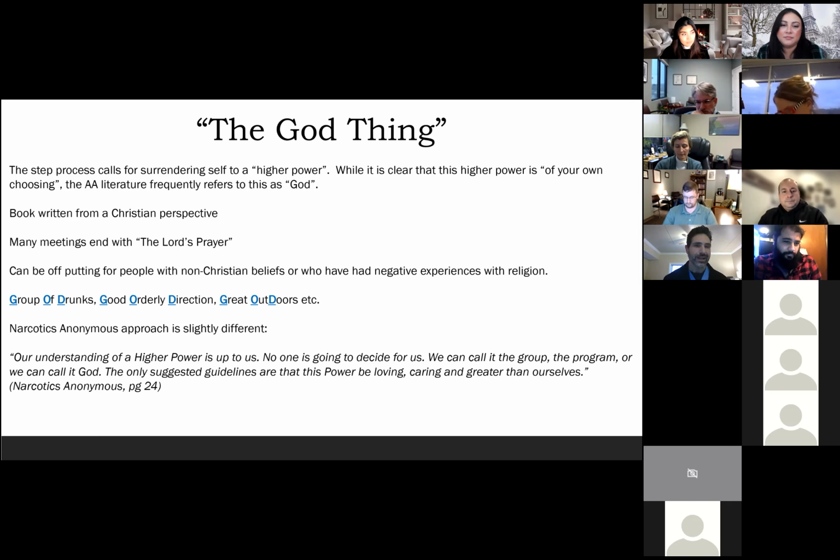However, the literature frequently just refers to a higher power as God. The book, if you read it, it's not hidden a whole lot. It's written from a Christian perspective. So there are many sort of Christian-based references in the book. Many meetings will just end with the Lord's Prayer, which is a prayer from Christianity.